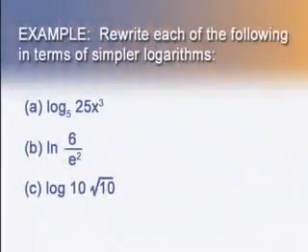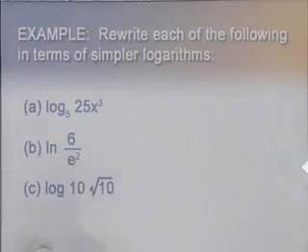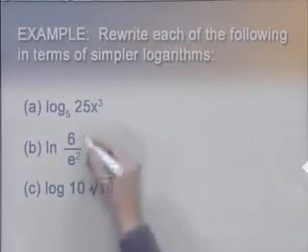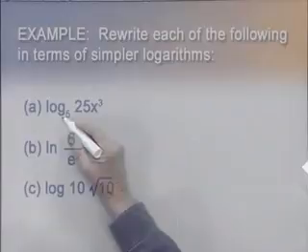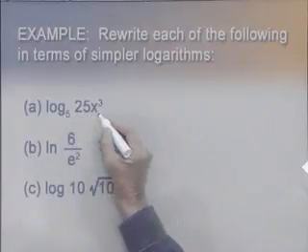Now let's go to the next graphic and we'll see in some examples where we can apply these rules. Here we have an example where we want to rewrite several expressions in simpler logarithmic terms, using those laws of logarithms that we just saw. Let's take, for example, the log base 5 of 25x cubed.